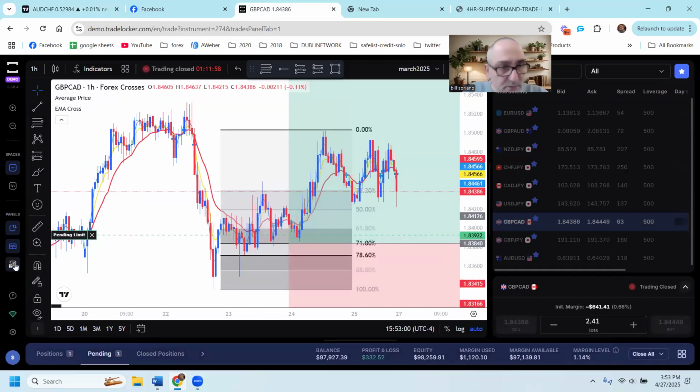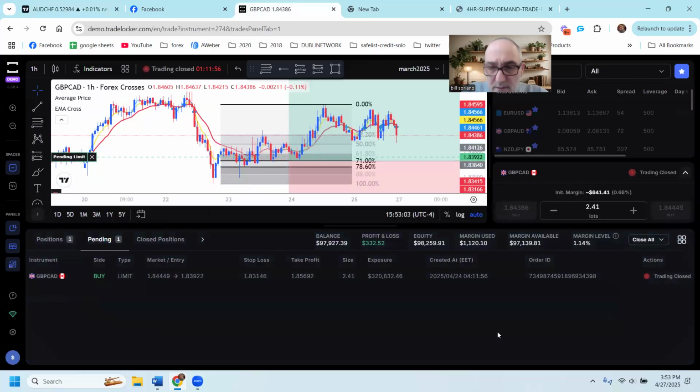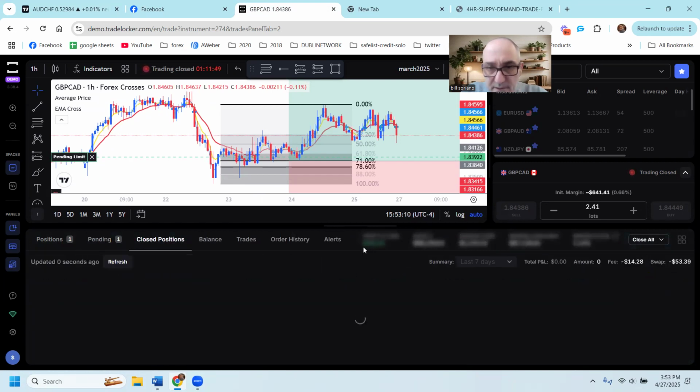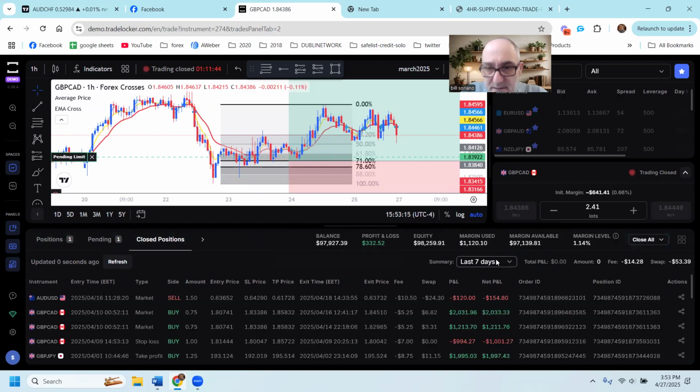Okay. Also, if we look at our balances here using this strategy, closed positions. If we look here, we'll see that the last 7 days, we're up $332.52, right?